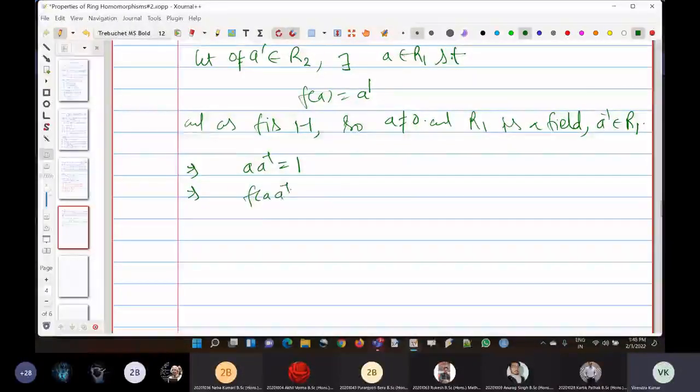So we can write f of A inverse equals f of 1. And you know that f of 1 is the identity of R2. So on the left side, we can write f of A times f of A inverse equals f of 1.